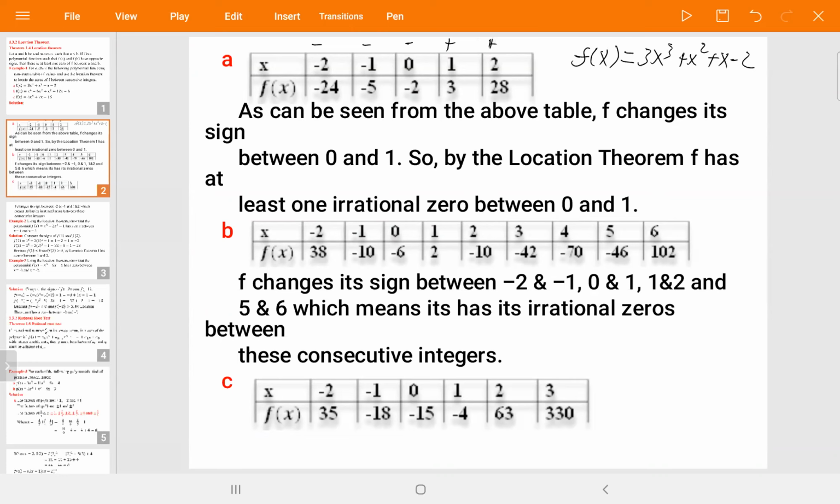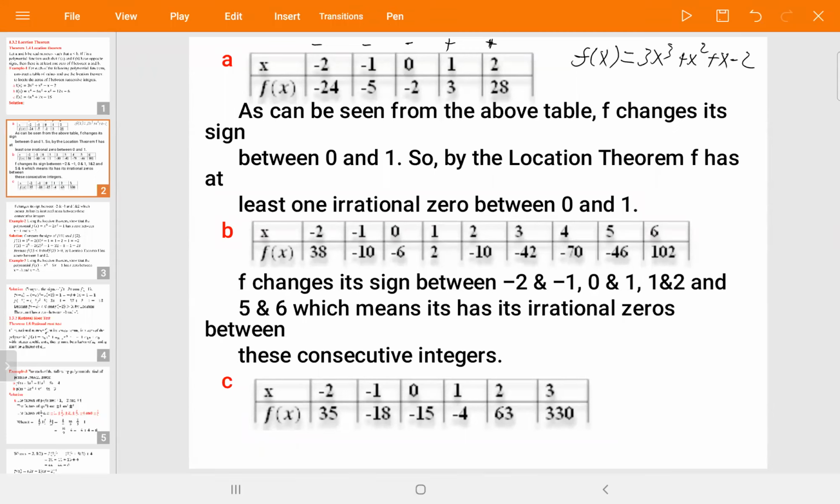Now, if you evaluate this function f of x beyond 2, its value remains positive, so no need of wasting our time. Just think of the content of the location theorem. According to the location theorem, an irrational zero of a polynomial is obtained between consecutive integers where that polynomial changes its sign.